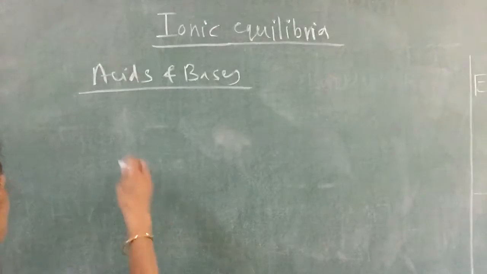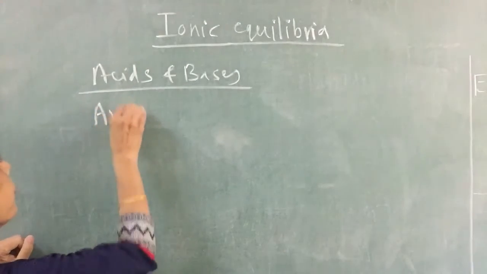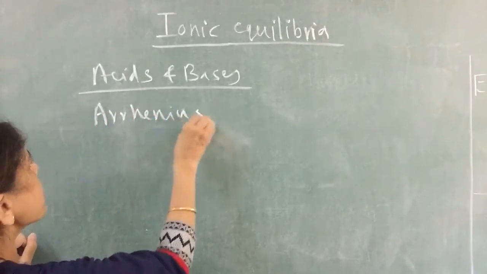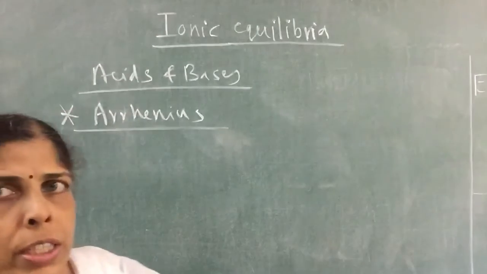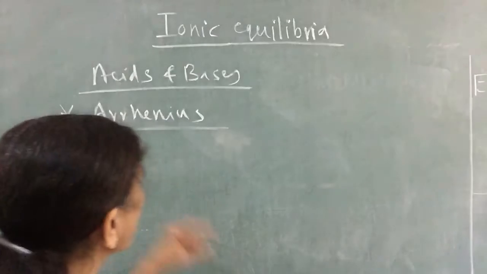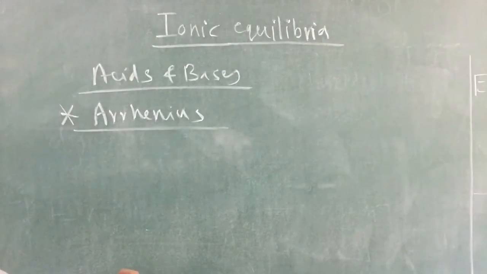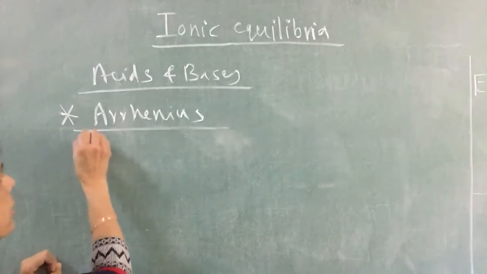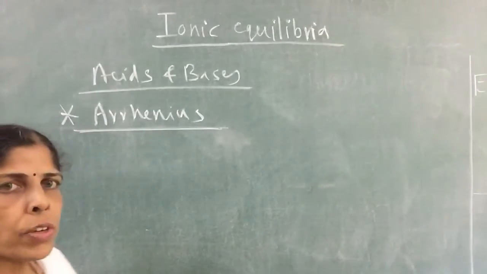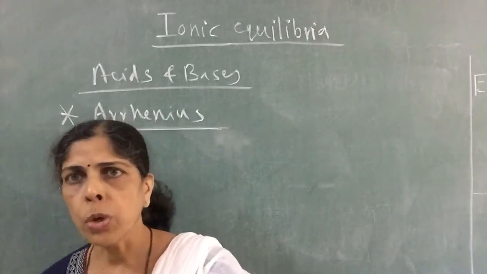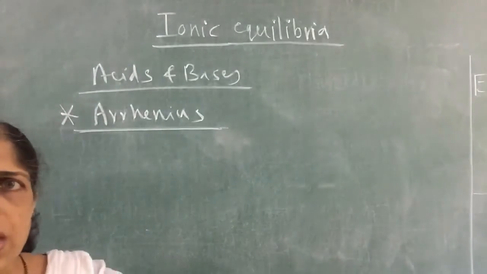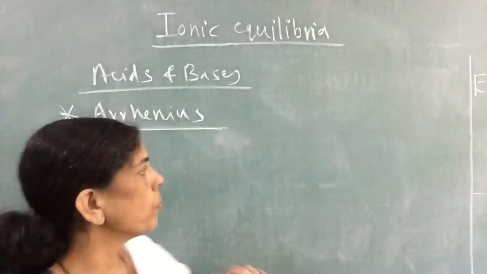So first of all we will see Arrhenius theory. According to Arrhenius, what is acid, what is base? Okay, so according to Arrhenius, acids are the substances which contain hydrogen, H, and which produce H+ ions in aqueous solution.